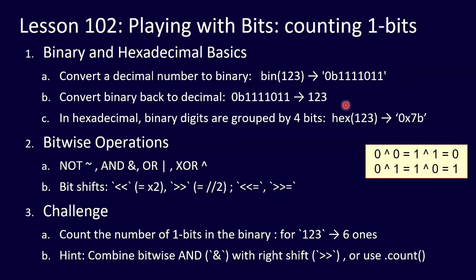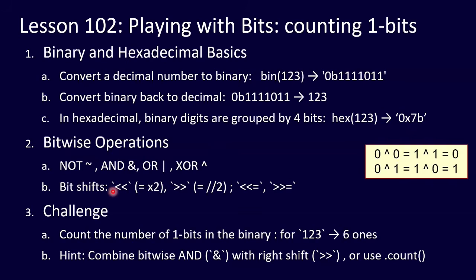At the same time, we talked about hexadecimal representation, which uses 16 symbols from 0 to 9 plus A through F. And 0x is usually used as a prefix to say it is a hexadecimal number. After that, I explained bitwise operations like not, and, or, and exclusive or.